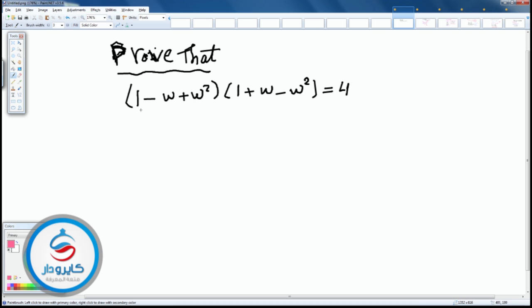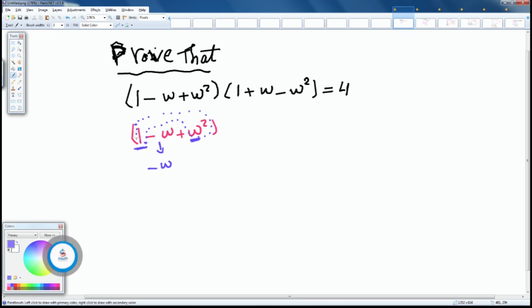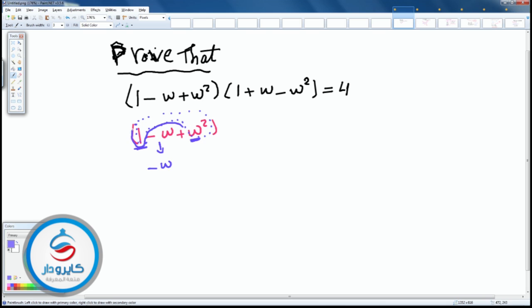First, we have 1 minus omega plus omega squared. Take care that 1 plus omega square gives negative omega, so we have negative omega. Take 1 plus omega square together like that, it will be negative omega again, and here 1 plus omega is negative omega square and negative omega square.